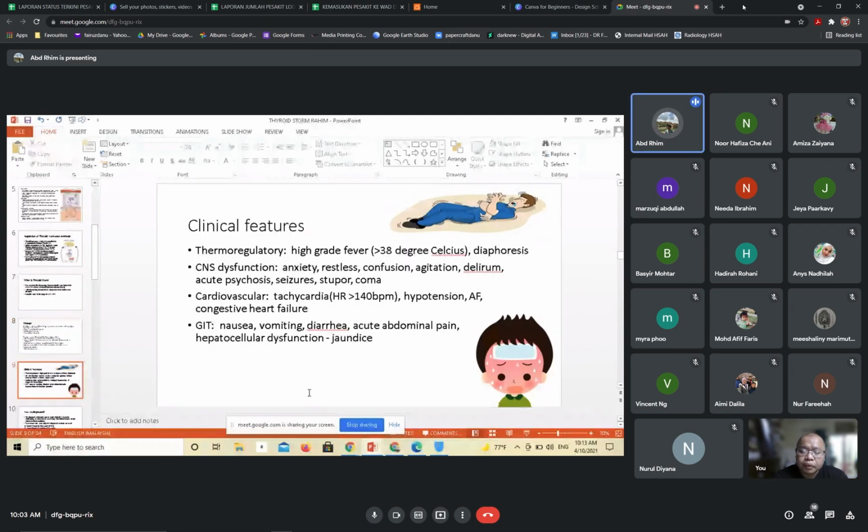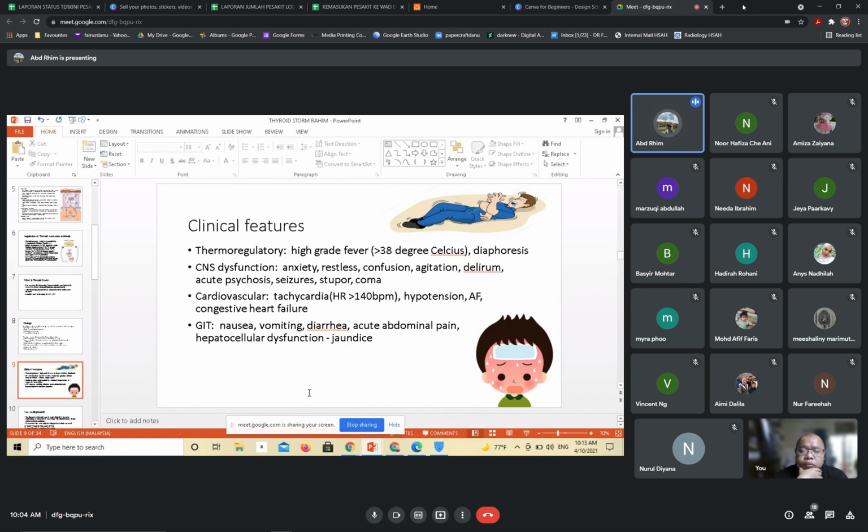So how will the patient present in a thyroid storm case? First one is thermoregulatory: the patient will present with a high-grade fever, more than 38 Celsius, and diaphoresis. For the CNS-related, the patient will present with anxiety, restlessness, confusion, agitation, delirium, acute psychosis, seizure, stupor, and coma.